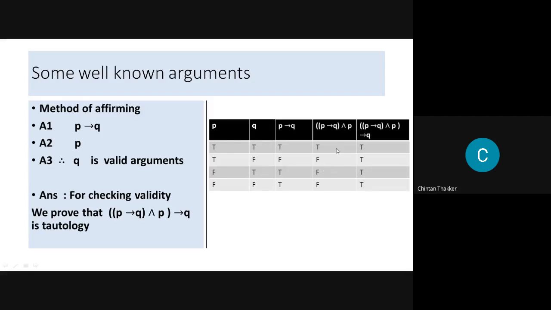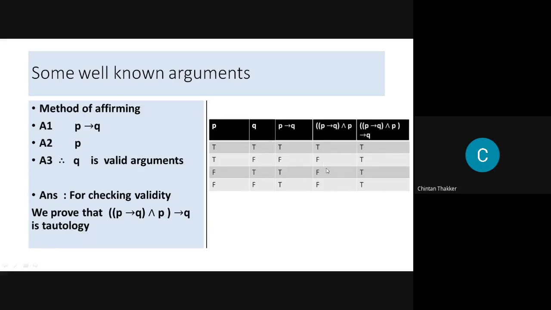Now, in an implication, we check the first statement and the second statement. When the first statement is true and the second statement is false, the implication is false; otherwise it is true. In our first row, the first statement is true and the second statement is also true, so we have true.